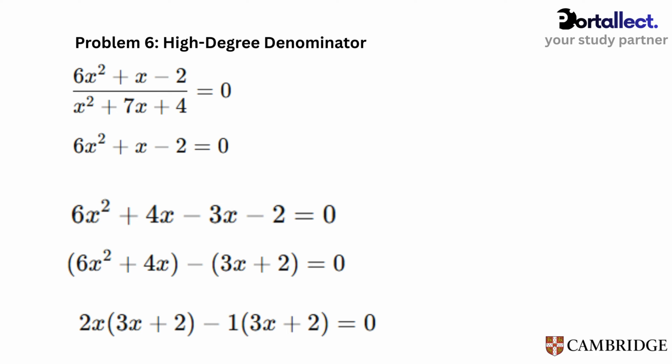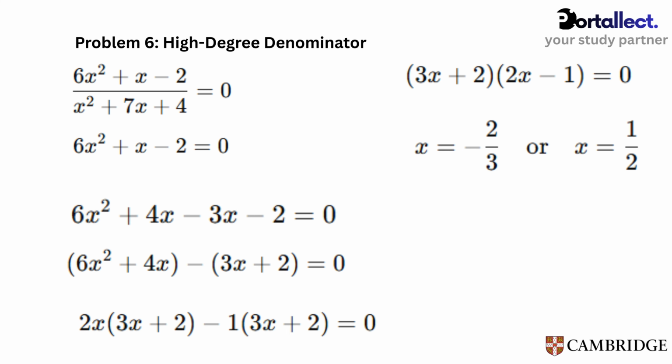From the last two terms, we factor out a -1, which also leaves 3x + 2. Our final factors are (2x - 1) and (3x + 2). Setting each bracket to 0, we solve for x. For the first bracket, x equals 0.5, and for the second, x equals -2/3. Both of these are our valid solutions.